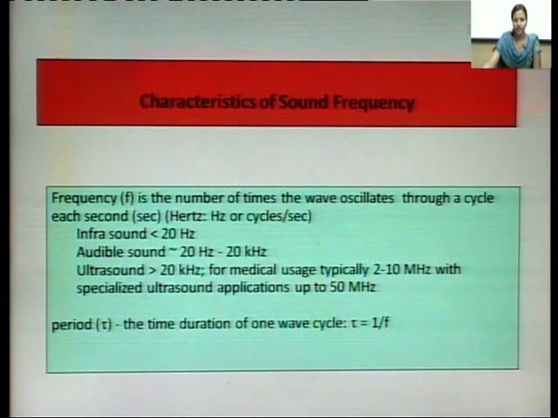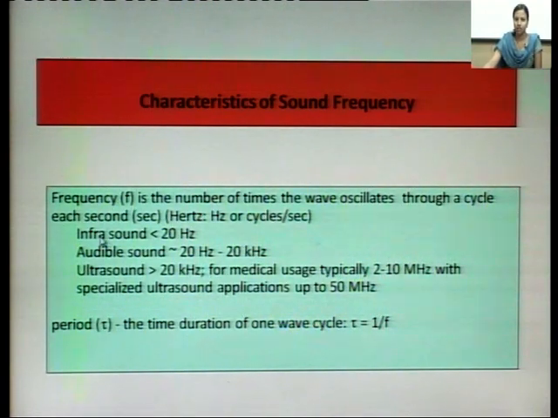Now we will revise and discuss the characteristics of sound frequency. We know frequency is the number of times the wave oscillates through a cycle each second, and its unit is hertz, or we can say number of cycles per second.